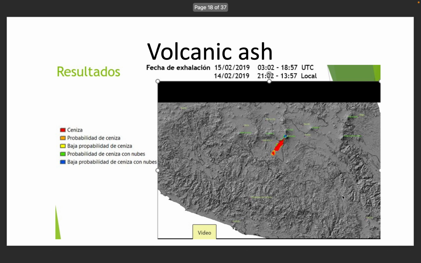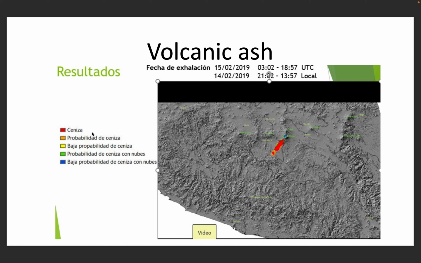And here, if I have time, I can show you the animation. Here is the Popocatépetl in an active eruption, and the colors mean ash. The red is ash, and the orange is probability of ash.